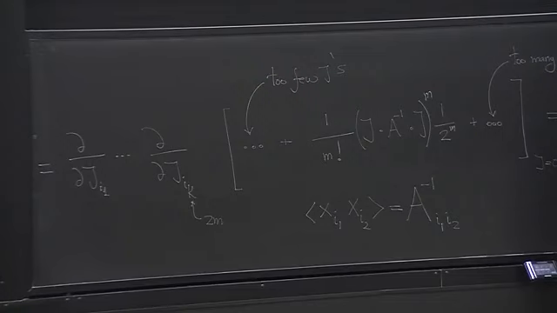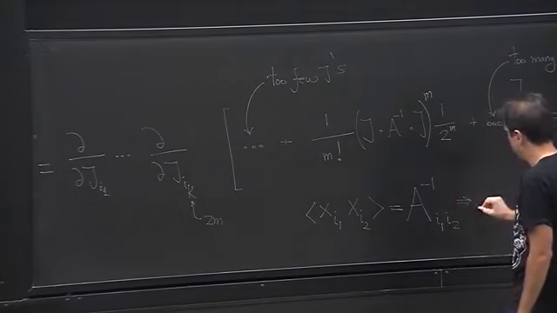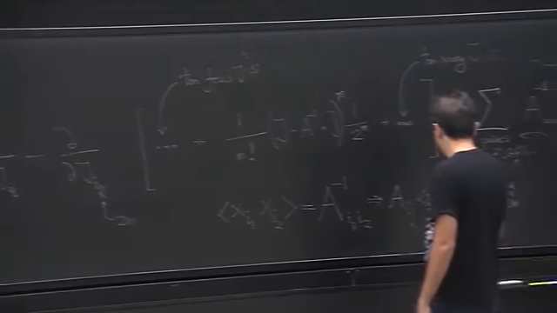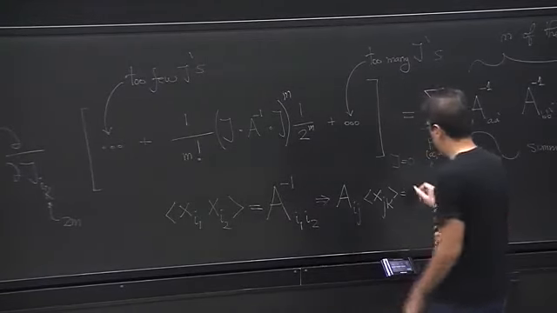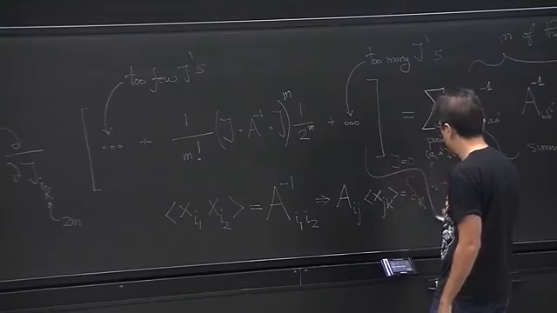Right? Which means that my matrix A_ij times the propagator X_jk, right? This is the definition of the inverse. It is just delta_ik.